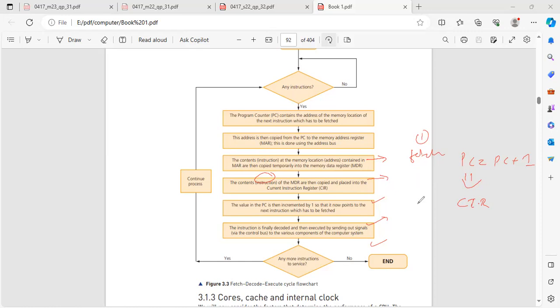Now decode, the second stage, if you remember. I remember the CU performs fetch and decode operations. The ALU performs execution.